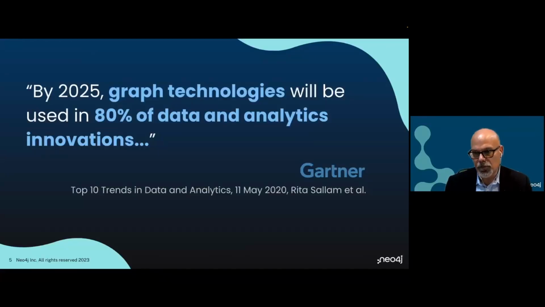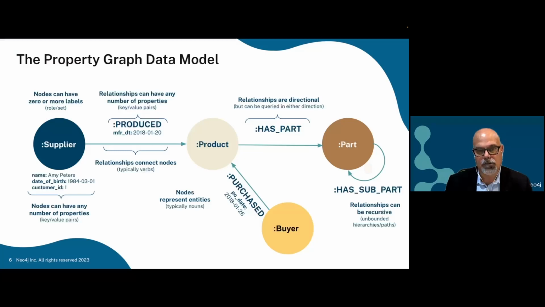This is one of the reasons why analysts are so excited about graphs and graph technology. Gartner recently stated that they feel that 80% of data and analytics innovations are going to be driven by graph technologies. So what does it mean when we're talking about a graph? We're not talking about charts like pie charts or XY plots. A graph is a data representation where you basically are looking at two types of data.